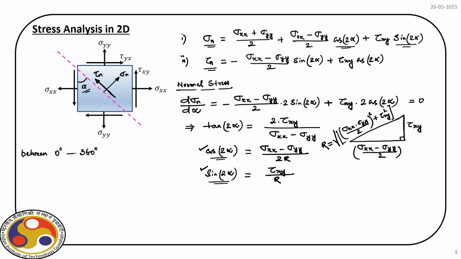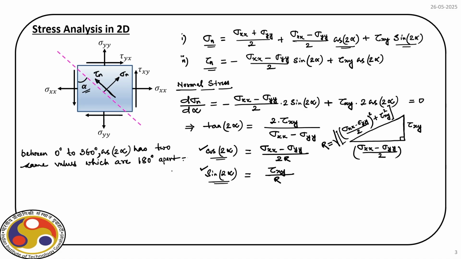So, let me write it: between 0 to 360 degree, cos of 2 alpha has two same values which are 180 degree apart.